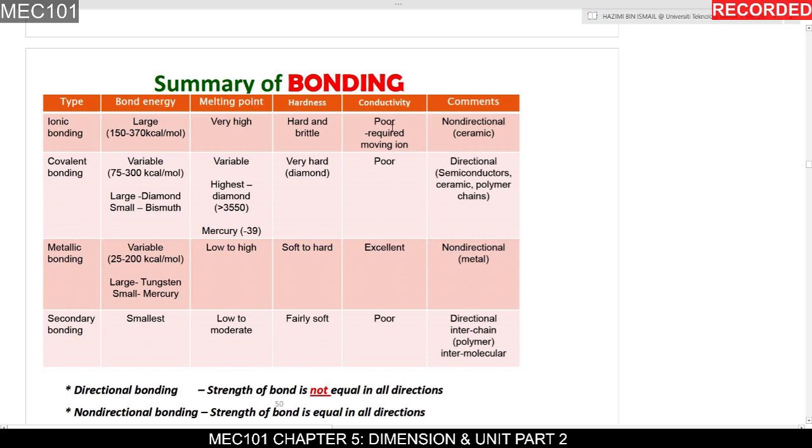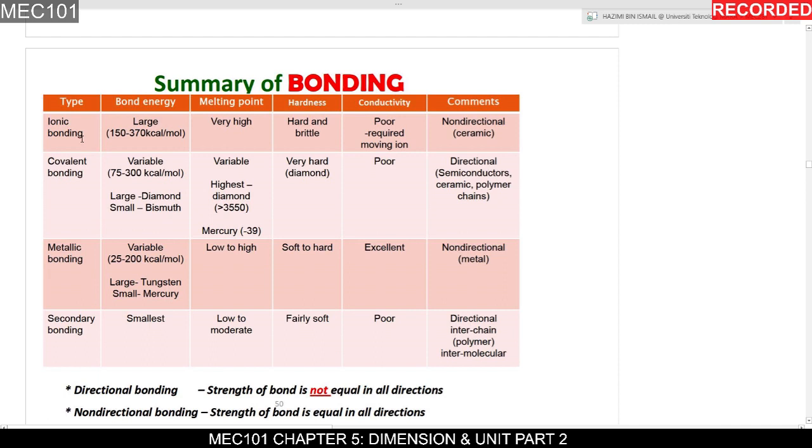It can conduct electricity, but only in molten or solution conditions. It cannot conduct electricity in the solid phase, in the solid form. Comment here: non-directional. Sometimes we call it ceramic.